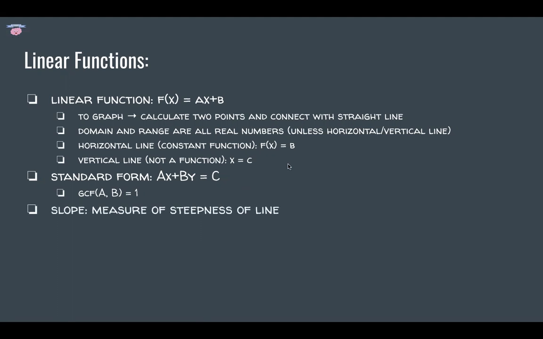So right, slope. You can't really graph standard form without knowing the slope. And it's the measure of the steepness of the line. So a line that looks like this has a higher slope than something that looks like this. And slope is also called rise over run. You've probably heard this term before.